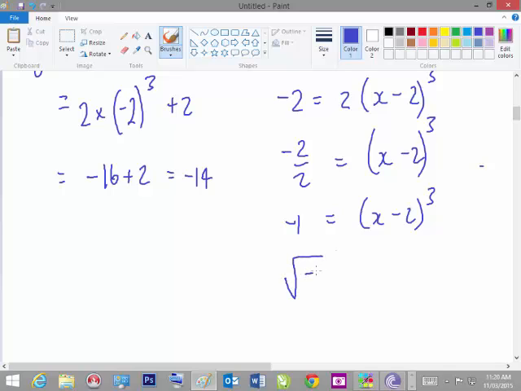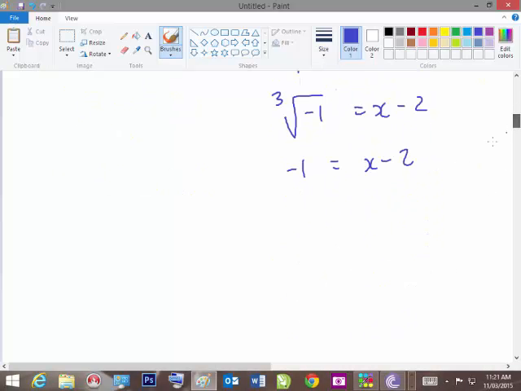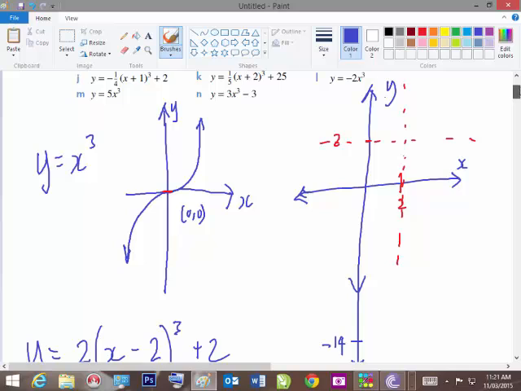The cube root of negative 1 gives me negative 1, and x equals negative 1 plus 2, which gives me 1. So it will cross the x-axis at 1. They're my important points, where it crosses the x-axis and the y-axis.